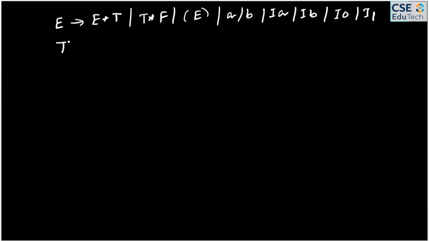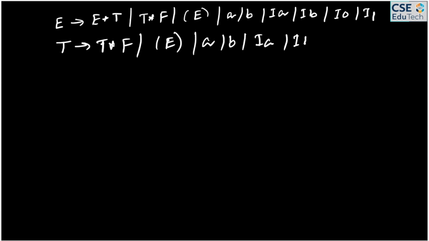Then from T, it will be T multiplied by F, bracket of E, A, B, IA, IB, I0, I1.